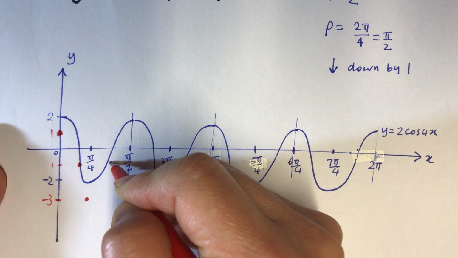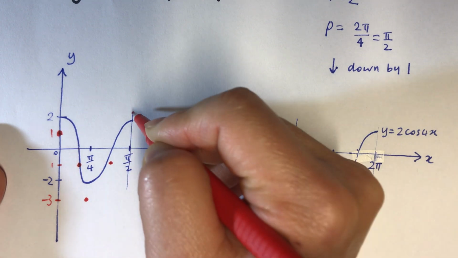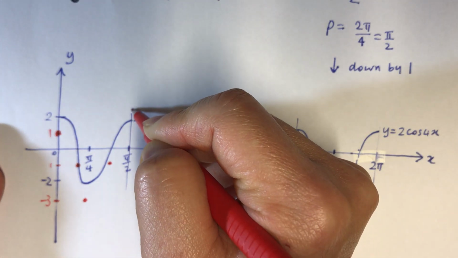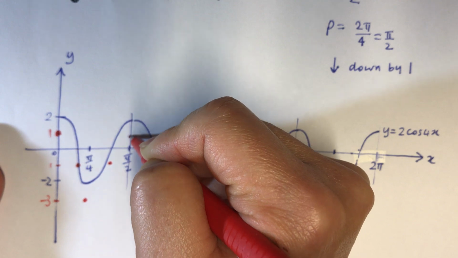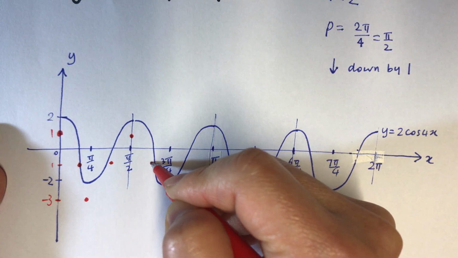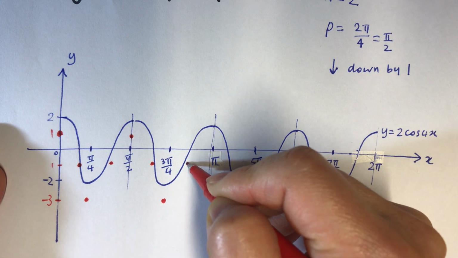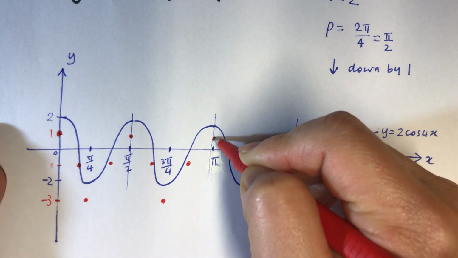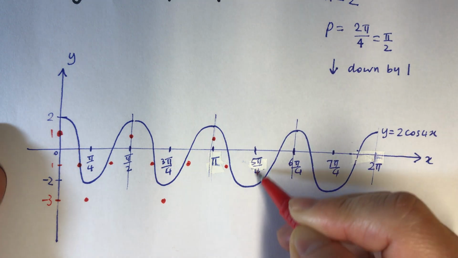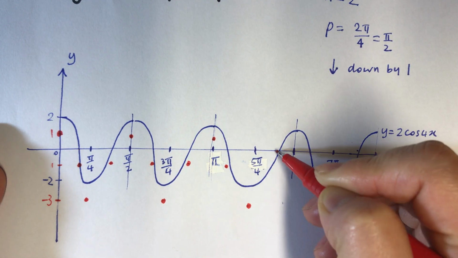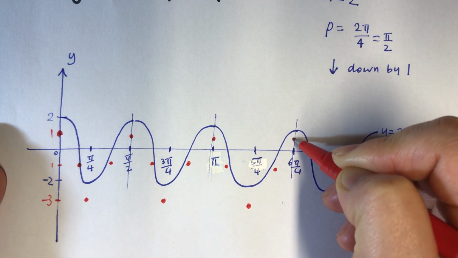And that down to 1. That was 1 going up or down by 1. 1 down, 1 down, 1 down, 1 down, 1 down.